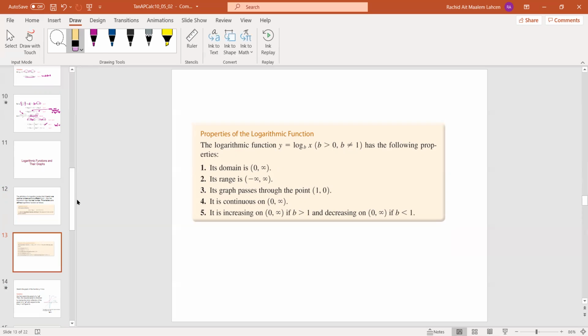So here the range is all real numbers, because the exponential function and logarithmic functions are inverse of each other. And so the domain of the exponential function is the range of the logarithmic function.